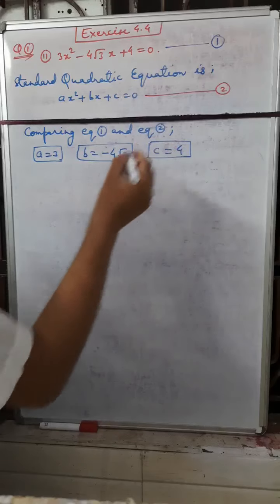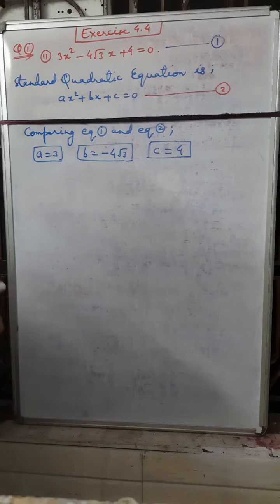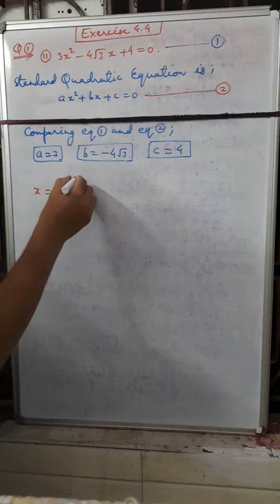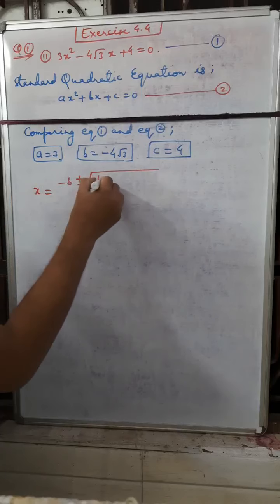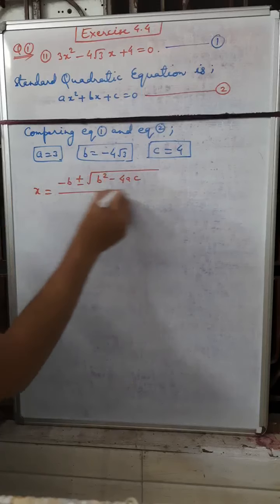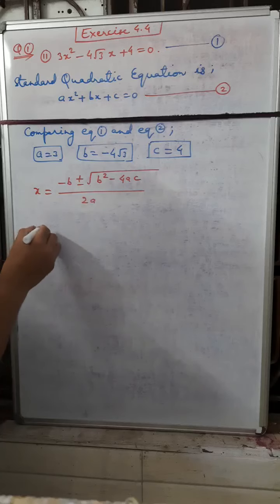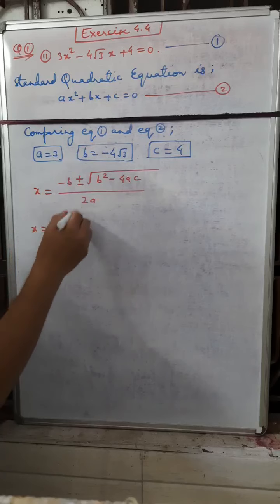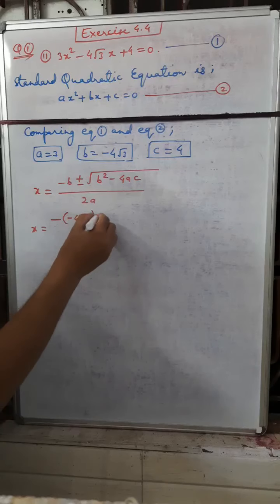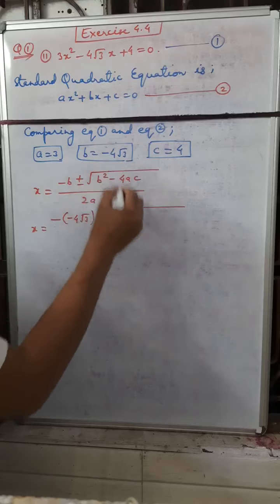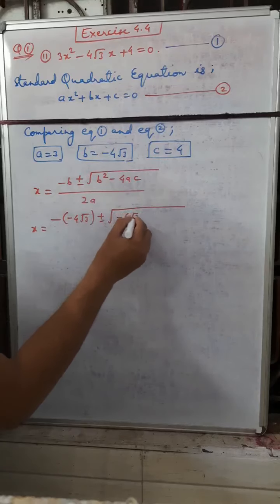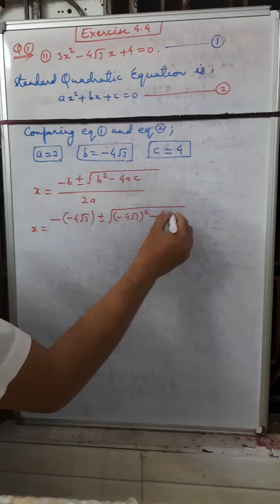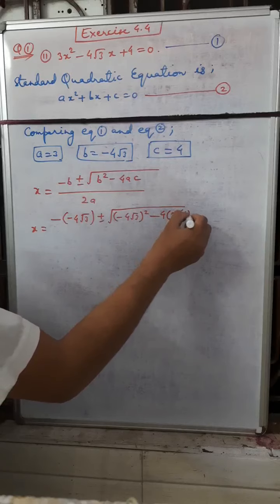Now we have a, b, c. As we know the quadratic formula for finding the roots, x = (−b ± √(b² − 4ac)) / 2a. So here we will put all the values. Minus b means minus of the b value, which is −4√3, so we get 4√3, plus or minus the square root of b², that is (−4√3)², minus 4ac, where a = 3 and c = 4.